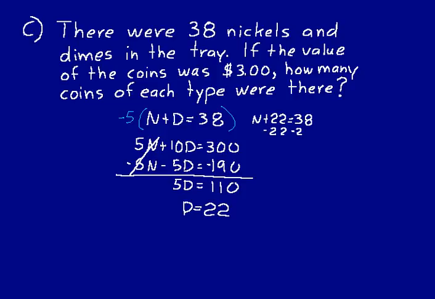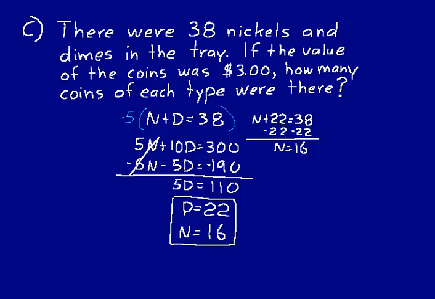Subtract 22 from both sides, and the number of nickels is 16. So I have 22 dimes and 16 nickels for a total of 38 coins, and that combination there of 38 nickels and dimes equals $3. There's one and only one combination of 38 nickels and dimes that would equal $3, and that's what it is. 22 dimes and 16 nickels.